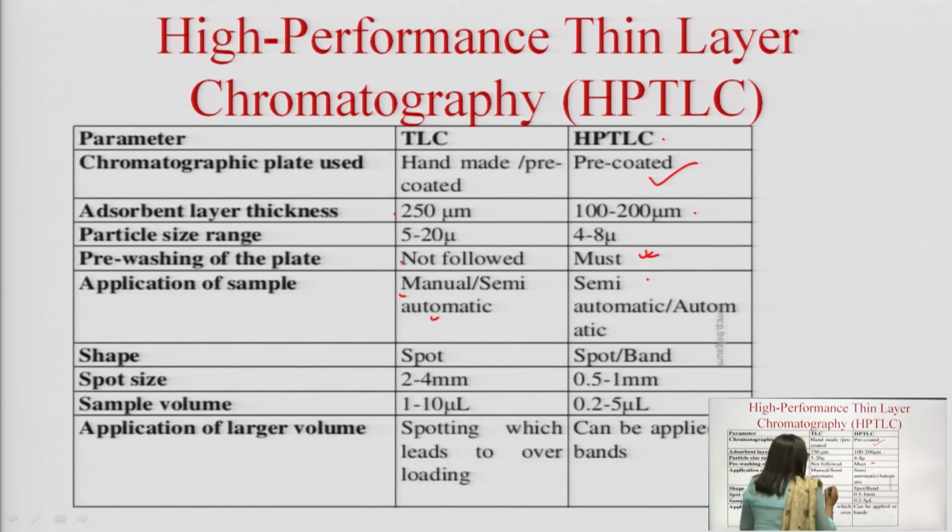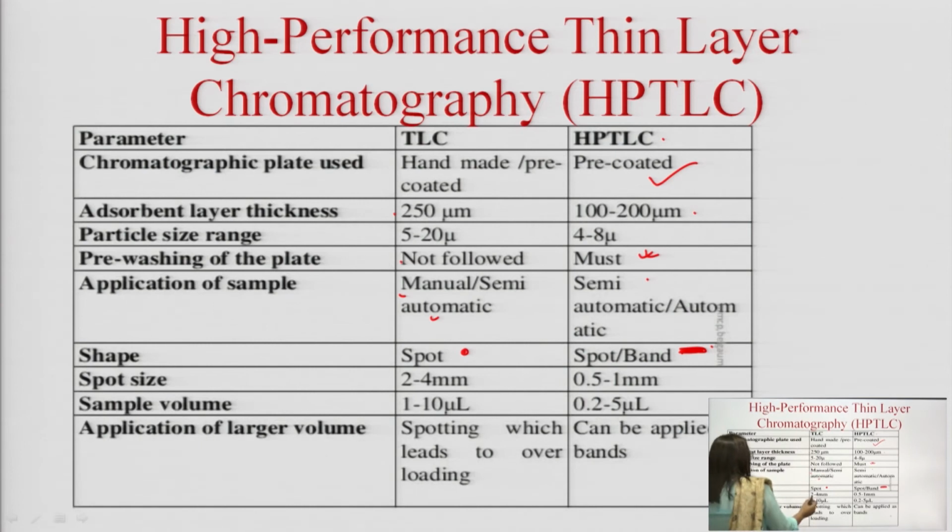In TLC, we apply the samples in spot form only, while we prefer to apply bands of the sample by the automated device in a calculated manner as bands. Sometimes spots could also be applied.